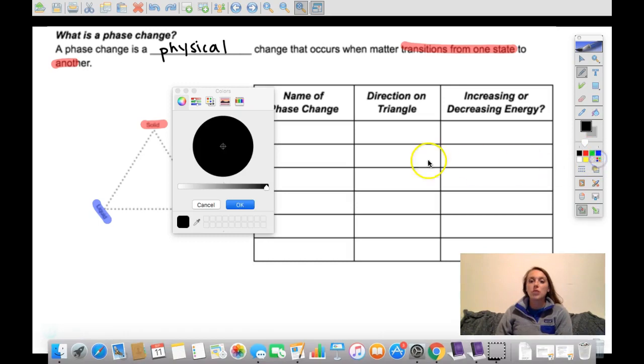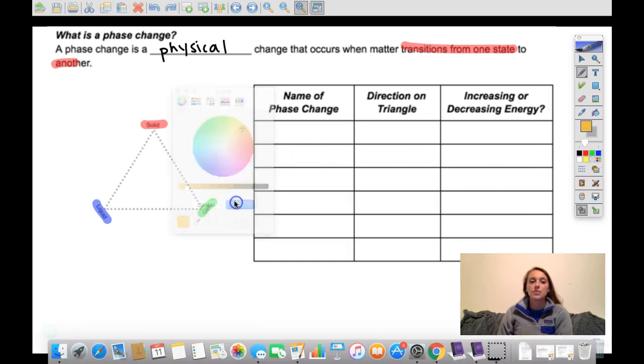So we're going to move around the triangle first in a clockwise fashion. So we're first going to go from a solid to a liquid. So the direction is solid to liquid. And this phase change is called melting.